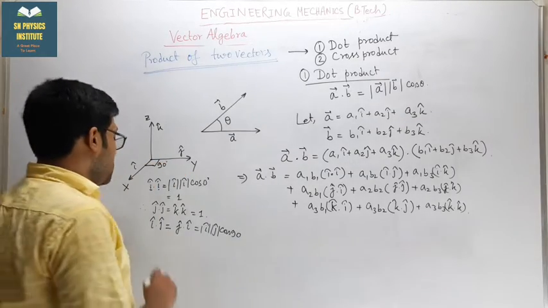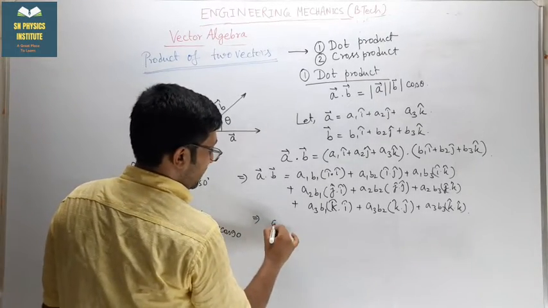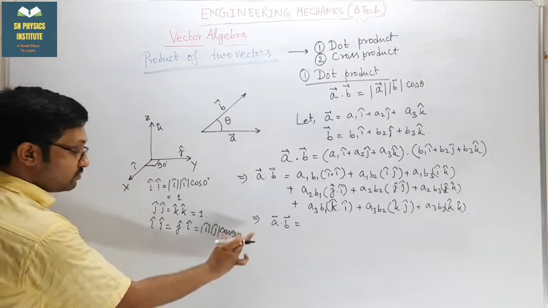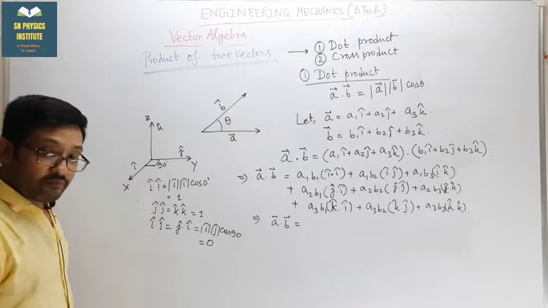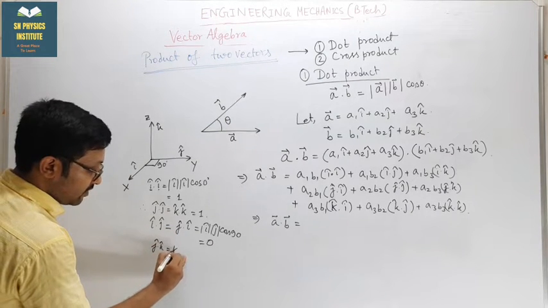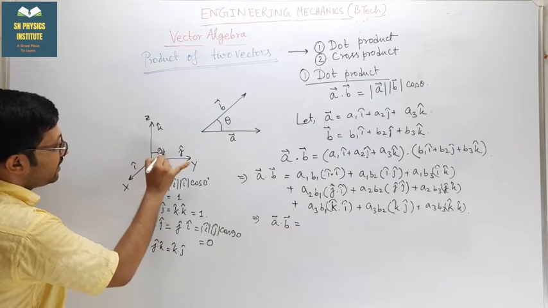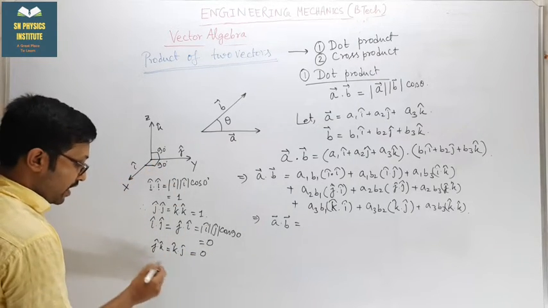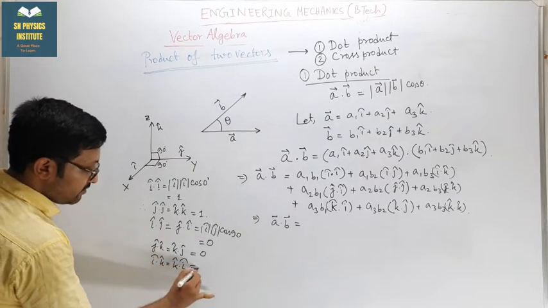So i dot j is equal to magnitude of i, magnitude of j, cos 90, which is equal to 0. In the same way j dot k and k dot j: this is j, this is k, they make an angle of 90 degrees, so it is again 0 because cos 90 is equal to 0. Similarly i dot k is equal to k dot i, which remains 0.